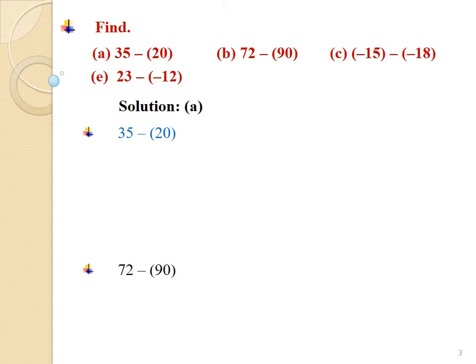Students, once the transformation is done, follow the rules of addition. So, now let us solve sum A. Students, we come to know that subtraction of an integer is nothing but addition of its additive inverse.